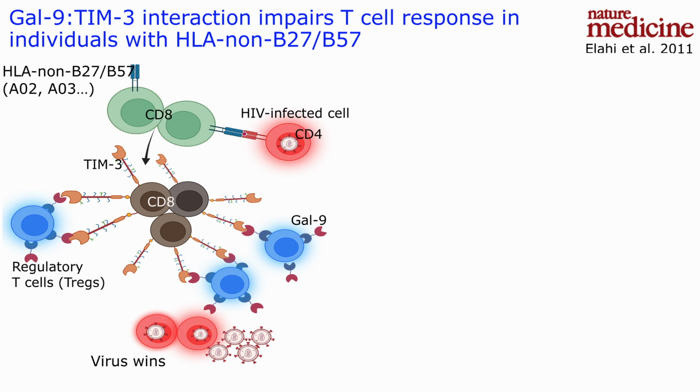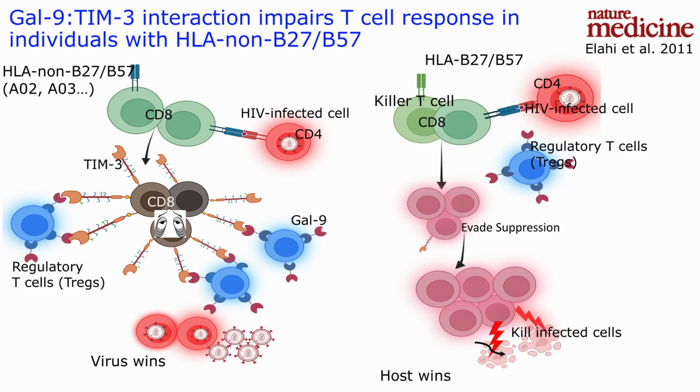The interaction of galectin-9 with TIM3 results in a negative signal, turning these CD8 T cells off, making them what we call exhausted. They become exhausted, impaired, unable to fight back. Then we see viral replication, increased virus load, and the virus wins in this scenario.